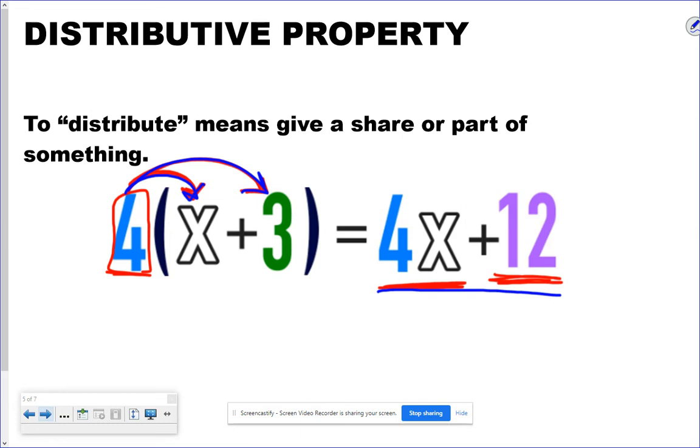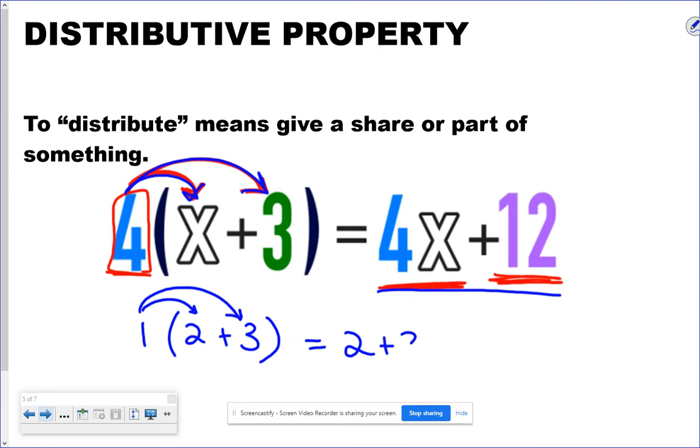Okay, if you want to see this with some numbers, we'll use our 1, 2, 3. Okay, so I would distribute the 1 to the 2, because 1 times 2 is 2. 1 times 3 is 3. So I get 2 plus 3 over on my left.